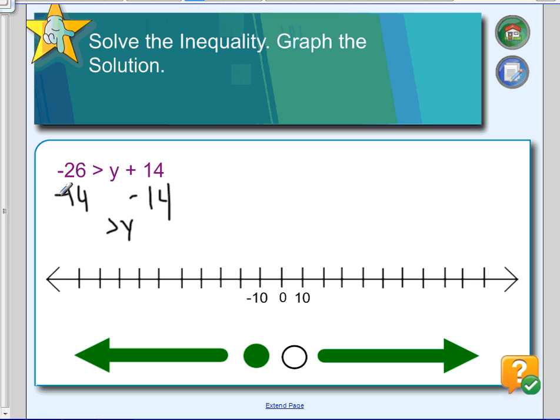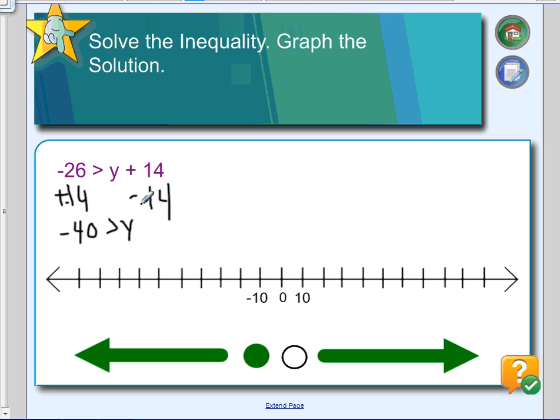Well, we leave, change, opposite, because it was a subtraction problem. So negative 26 plus negative 14 is going to be negative 40.